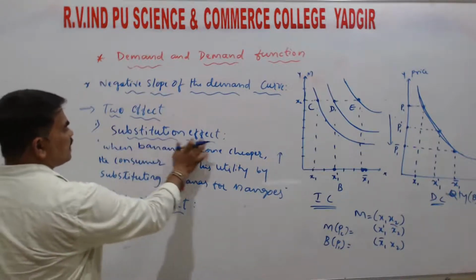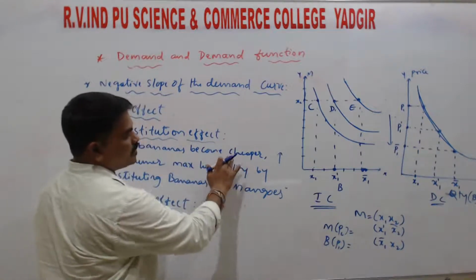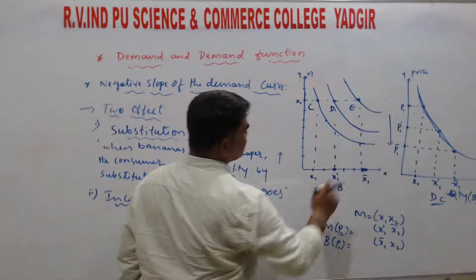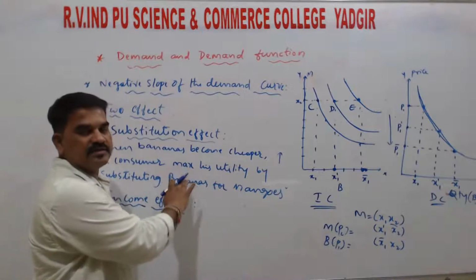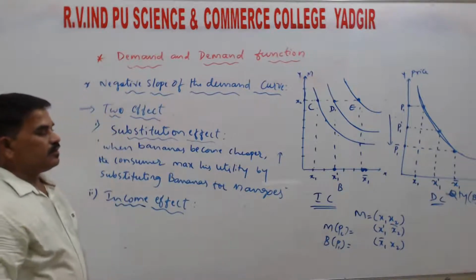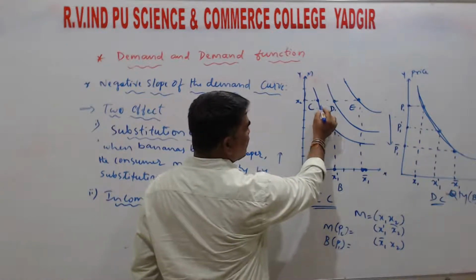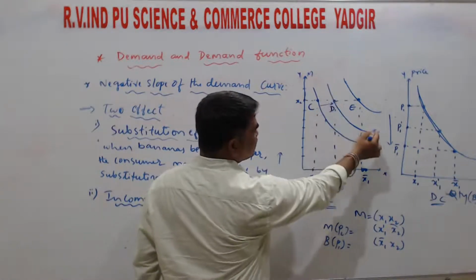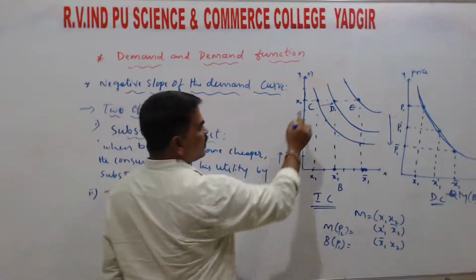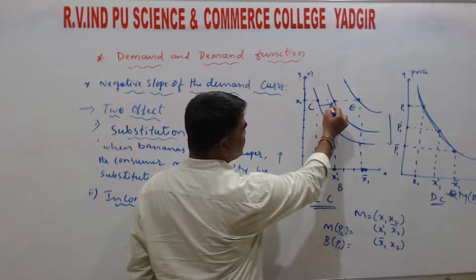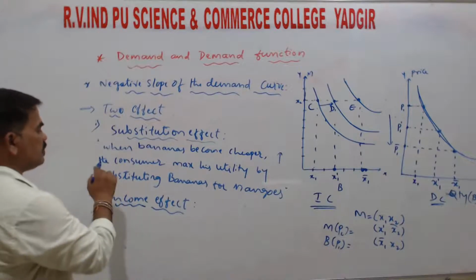So the substitution effect says that when bananas become cheaper, as we know, there is a reduction in the price. Here, from this bundle to this bundle, he will maximize his utility. What these curves tell us is his satisfaction level. From here, he will try to maximize his utility and go to the higher indifference curve.